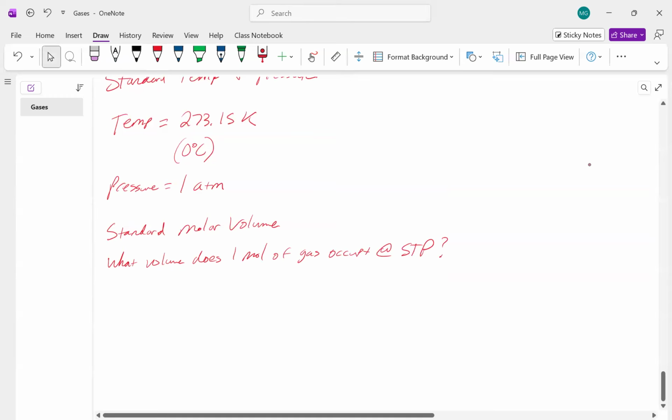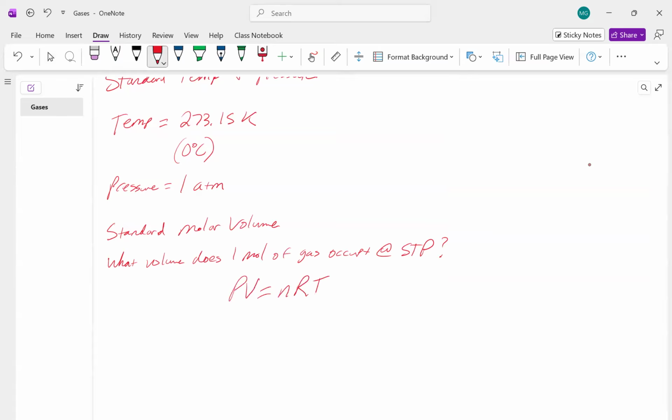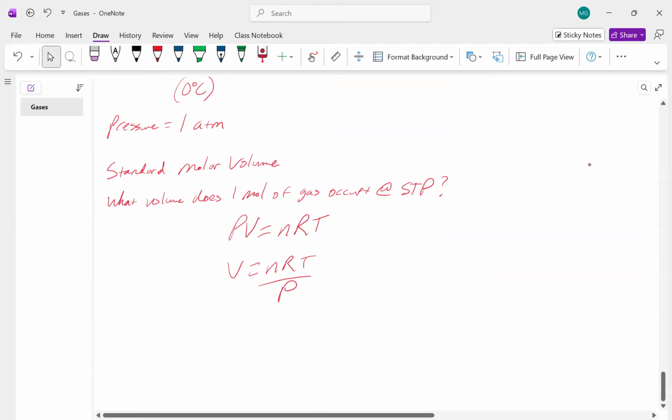Well, we have a formula that can find that. We use the ideal gas law and solve for volume. Let's insert all of our standard temperature and pressures here and assume we have 1 mole of gas.